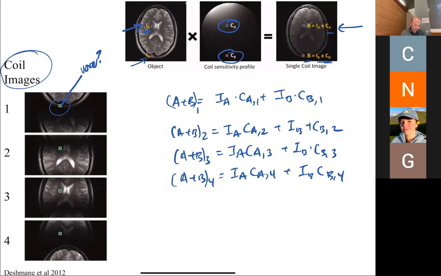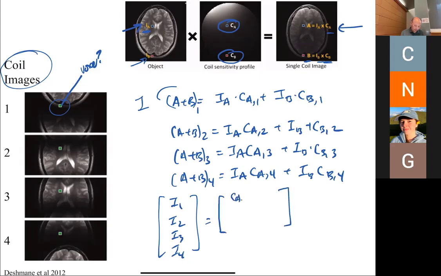So it turns out I can write I1, I2, I3, I4 equal to CA1, CA2, CA3, CA4 times IA, plus CB1, CB2, CB3, CB4 times IB.